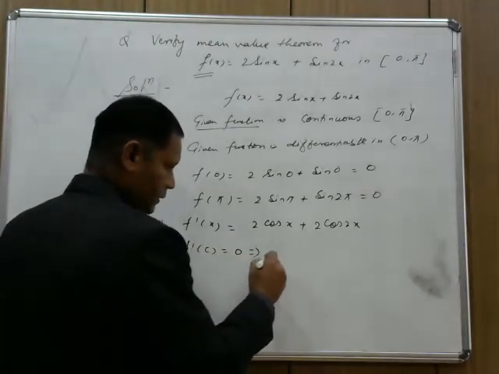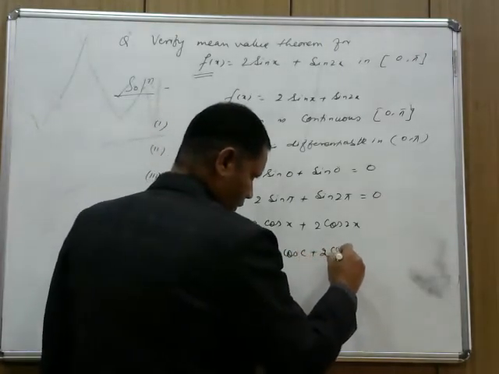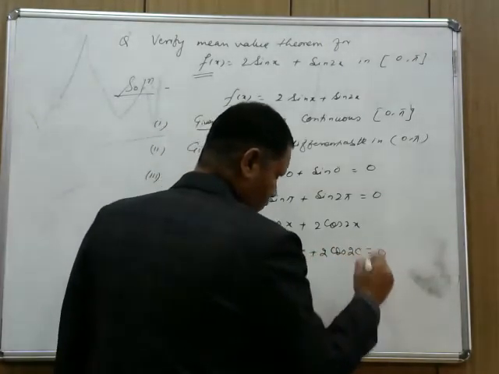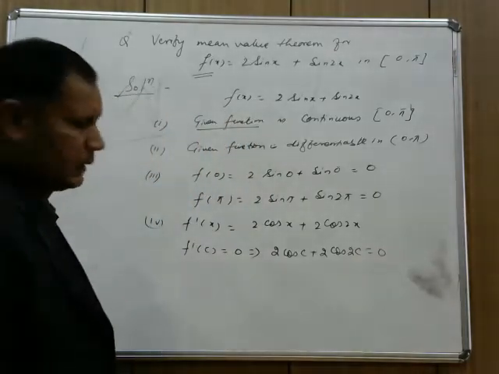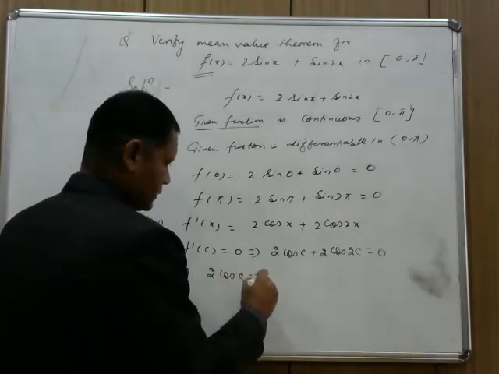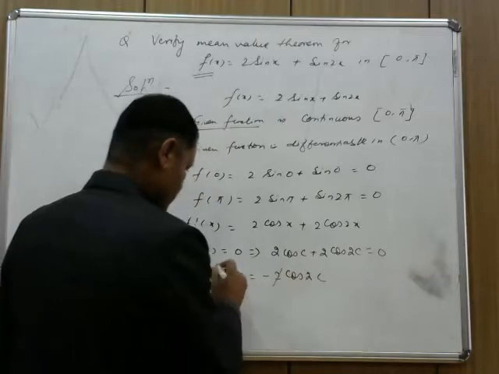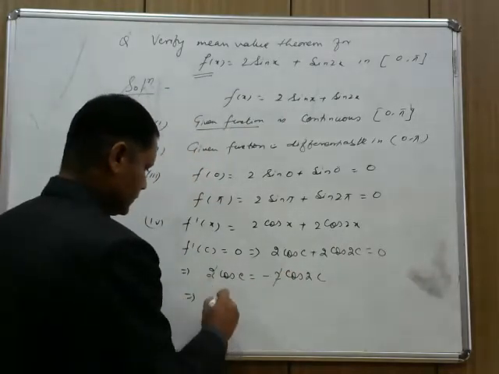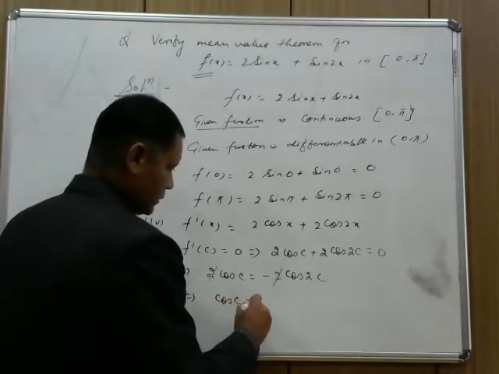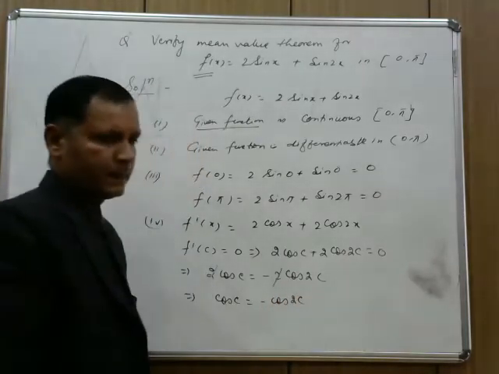It implies that 2 cos c plus 2 cos 2c equal to 0. It implies that 2 cos c is equal to minus 2 cos 2c. 2 and 2 is cancelled. It implies that cos c is equal to minus cos 2c.